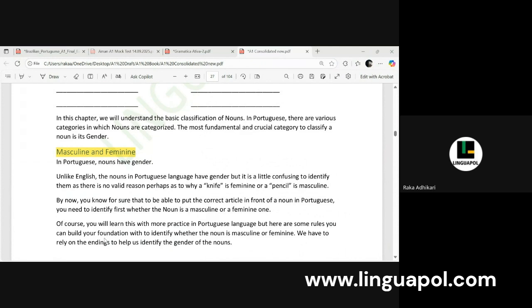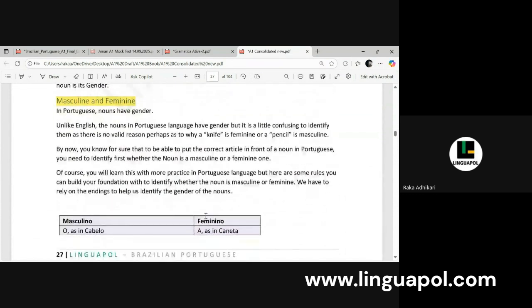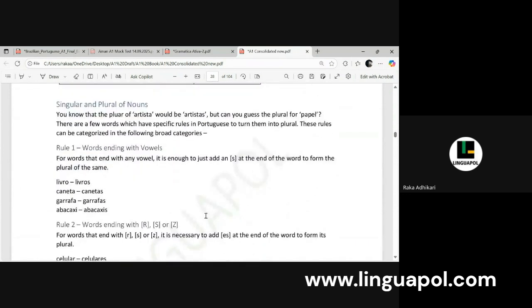It is very crucial to identify the gender of nouns and other words as well in Portuguese. Everything has a gender, and the whole sentence revolves around it. So we will learn in this subtopic how to identify the gender of a noun. Apart from this, we will see how to identify whether a noun is singular or plural.